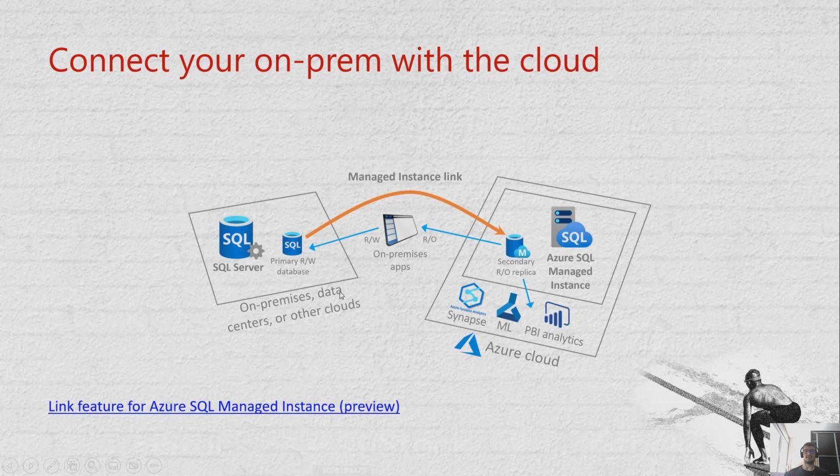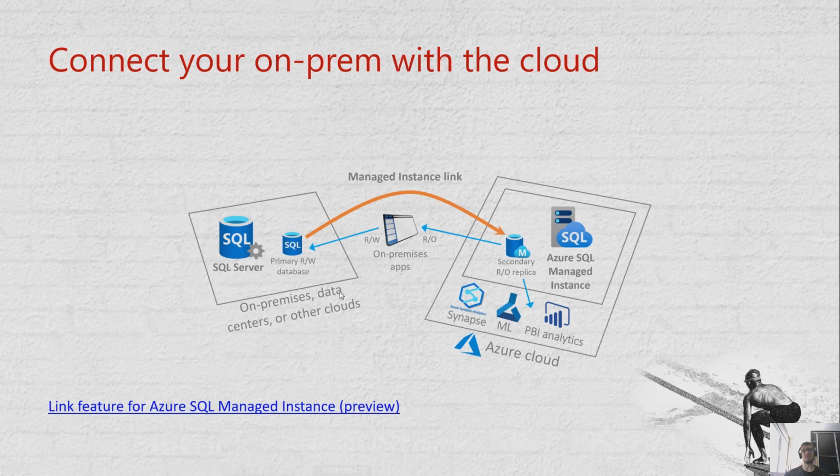Now, what about the last box, the hybrid? Hybrid is a new experience in SQL Managed Instance called Managed Instance Link. With this capability, you can connect your SQL Server hosted on-prem or in any other cloud with SQL Managed Instance.